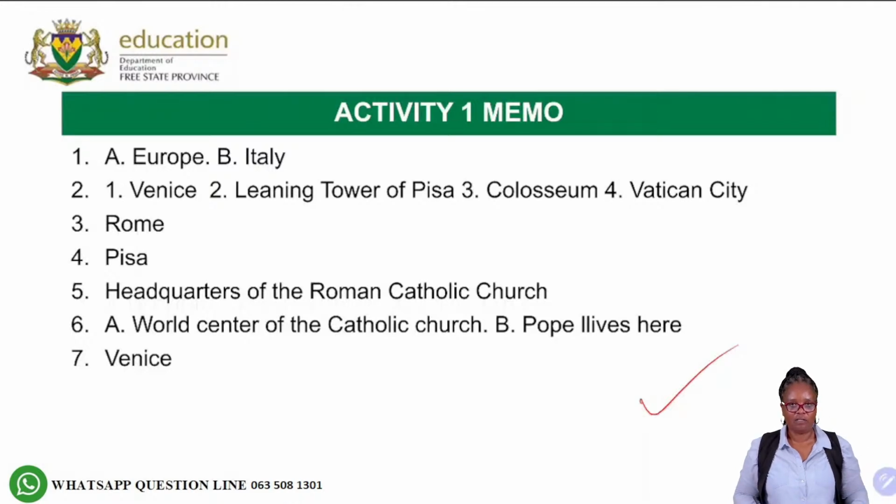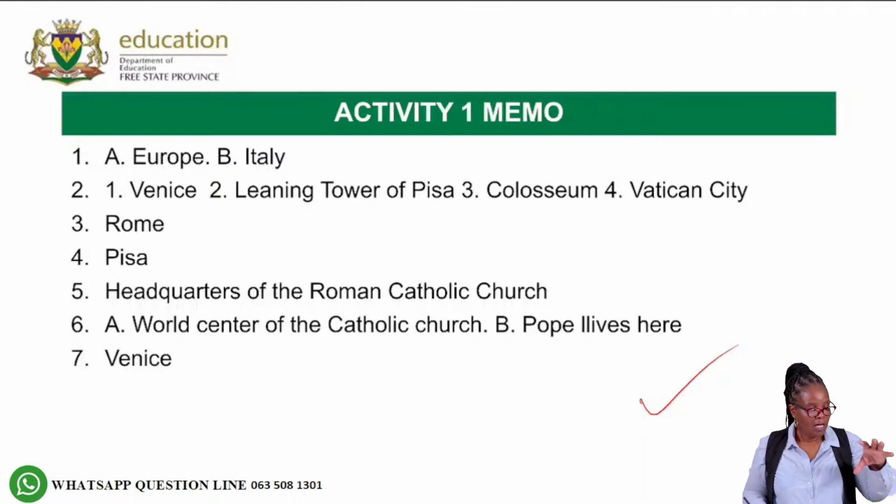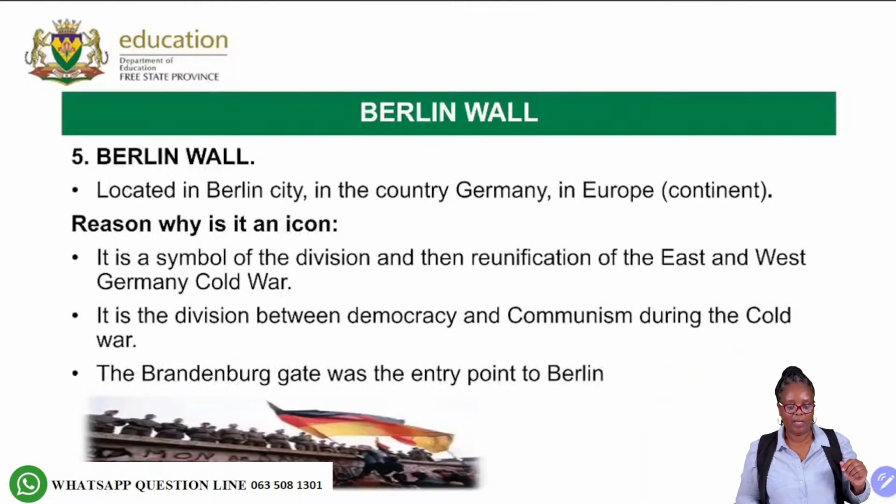Name 5 icons. No, you need to be able to identify. You must be able to note visitor numbers. You must be able to know the description of the icon, the reason why it's an icon. You need to know a lot of those things, not only to mention them.